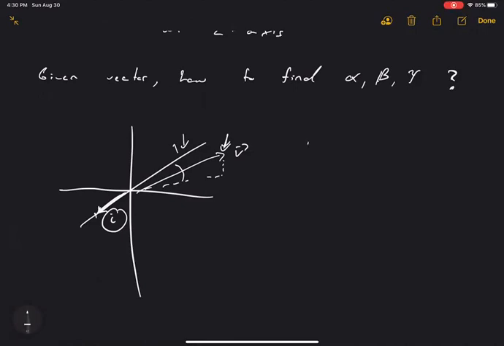So alpha, that angle, is what we're looking for, right? I know that v dot i is going to be equal to the magnitude of v, magnitude of i, cosine of the angle between them, and that angle between them is alpha.